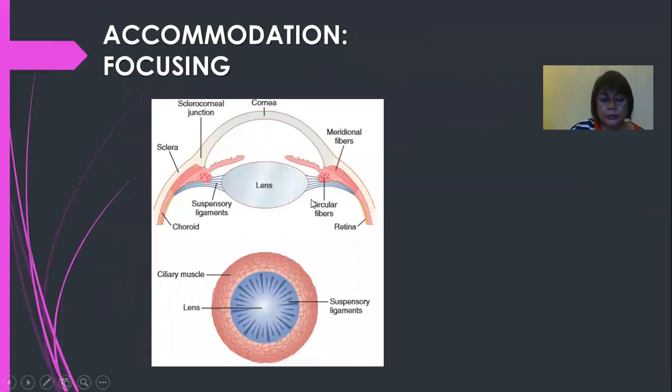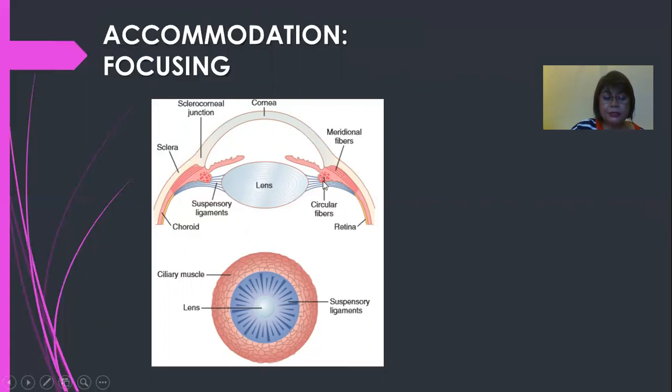So this is your suspensory ligament attached here to your lens. And it is always taut or tense, making this lens tense and flatter. But this is your ciliary muscles.